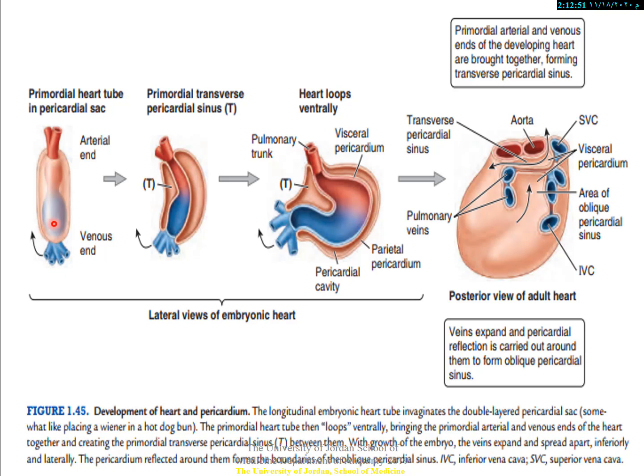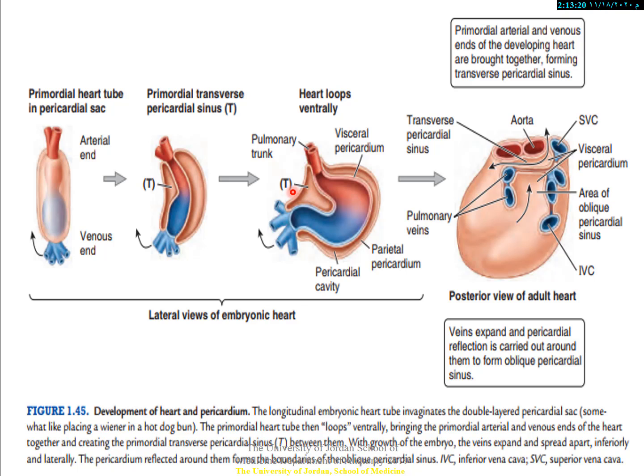Now, as the heart gets larger and larger in size, the lower part would be free to move and fold. As you can see, part of this balloon which surrounds the heart, which is the serous sac, gets trapped between the arterial end and the venous end.